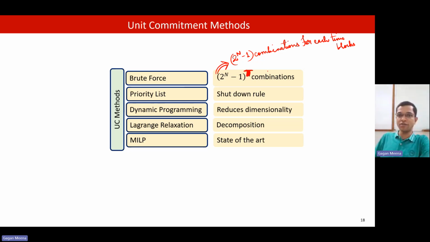But using so many combinations becomes computationally challenging, so we reduce the number of combinations by following strict priority order. In that case, because the combinations have reduced, we may not reach the optimum. Although we may not be very far from the optimum, still the optimum is not achieved. And that problem is overcome by using Lagrange relaxation, which guarantees optimality.